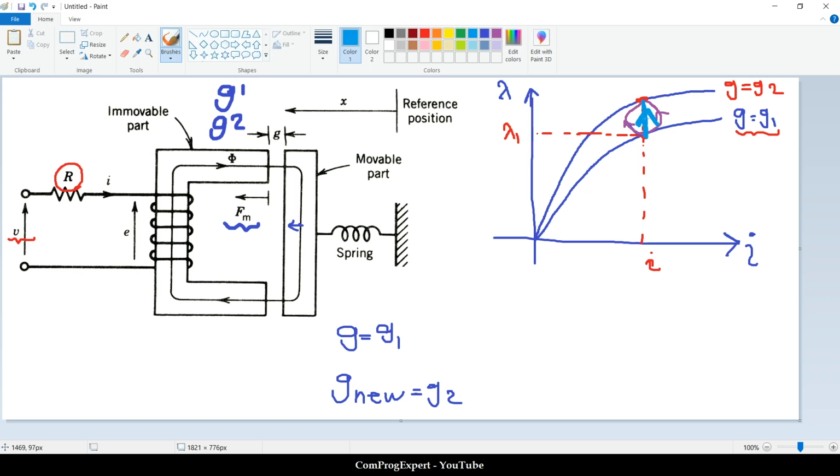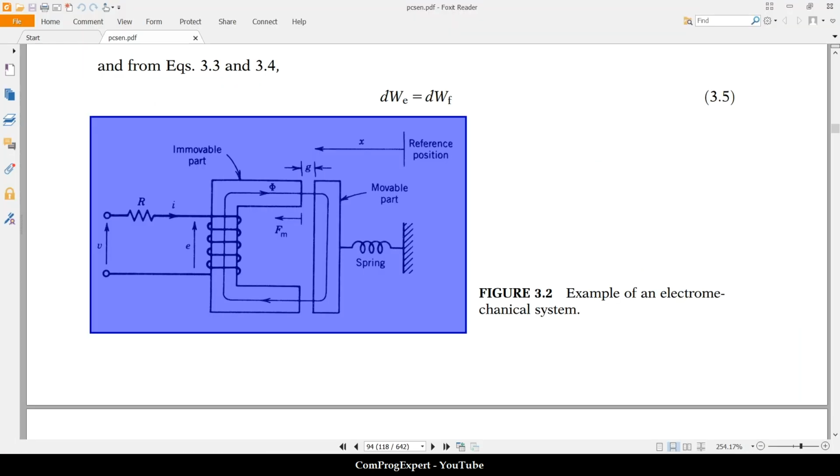For this trajectory, the value of the current remains constant, and we have the change only in the value of the flux linkage of the coil from lambda 1 to lambda 2. Okay, this is one case. This case is when the movement happens over a long time. The movement is slow, and we can confirm that the current will remain constant during the movement.